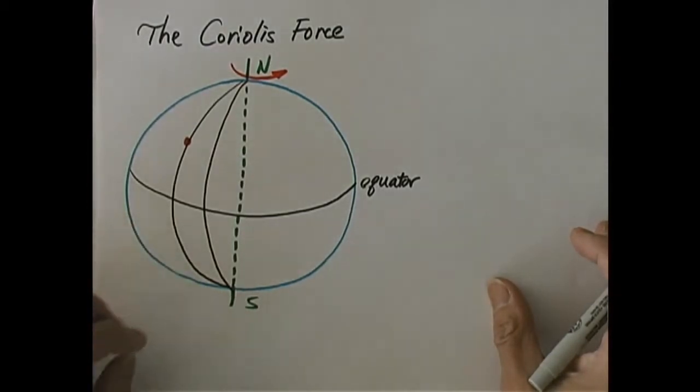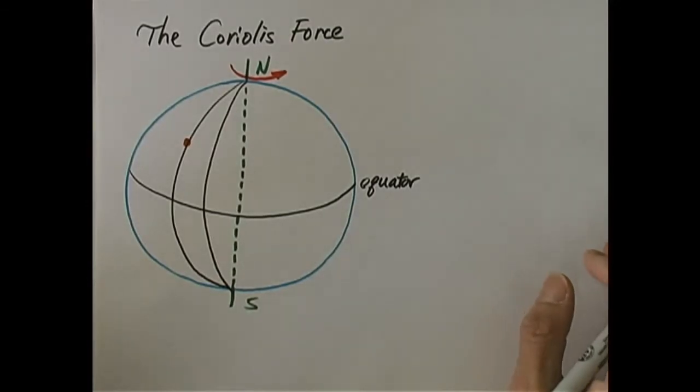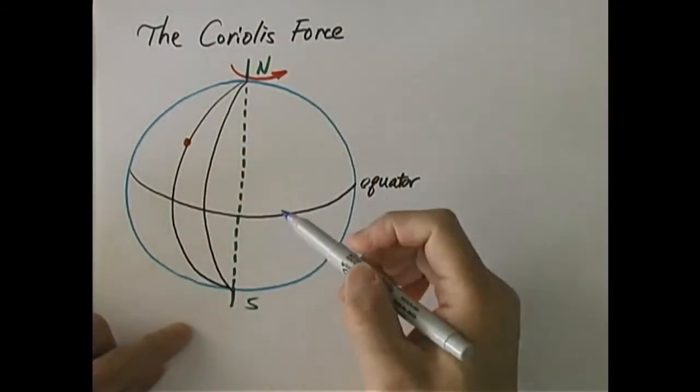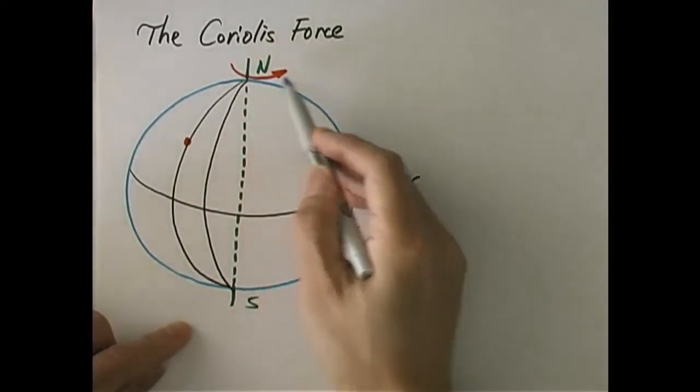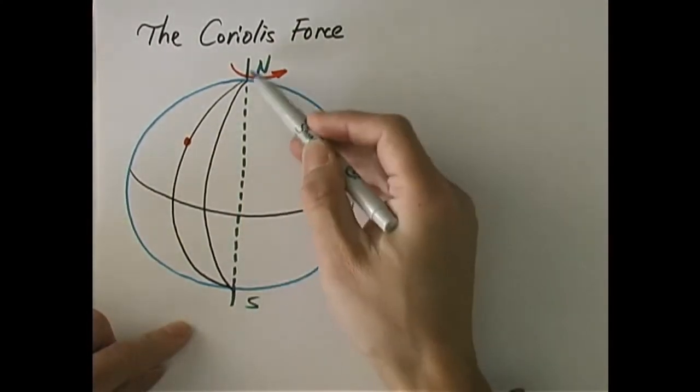But unlike centrifugal force, which always exists, the Coriolis force exists only if an object in question, being observed, is actually moving relative to that rotational frame of reference. Okay? So let's consider the Earth, for example. Here's the equator, North Pole, South Pole. The Earth spins from west to east. And here's a meridian, here's another one.